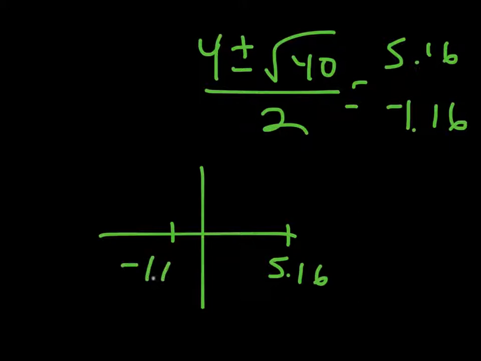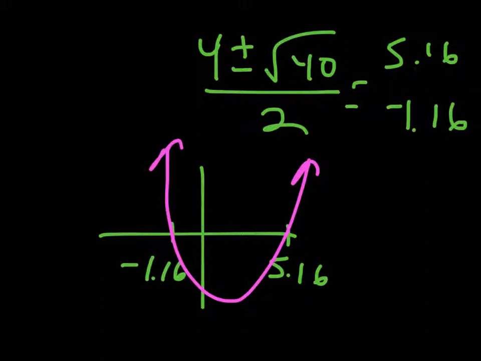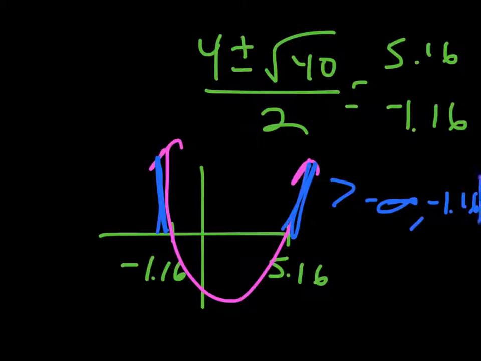Let's say my parabola goes like this. Again, once I find my x-intercepts, I can say this guy is greater than 0 from here to here. So for greater than 0, the interval would be negative infinity to negative 1.16, and I would union that with 5.16 to infinity.